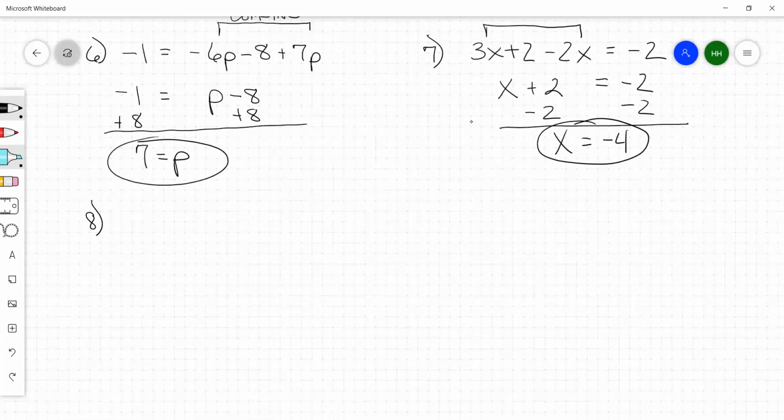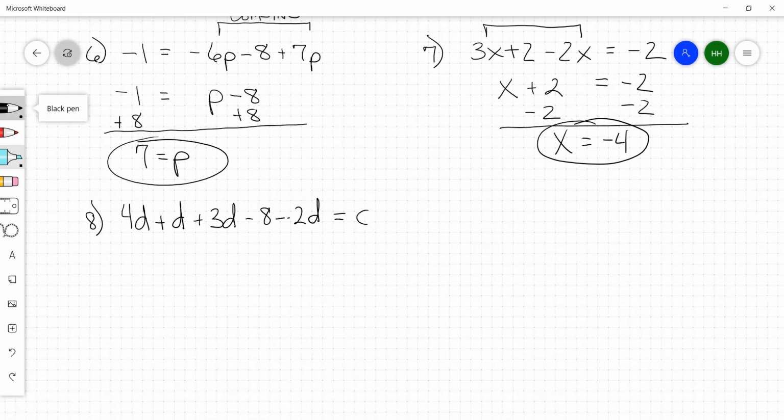Number 8, got a 4d plus d. Oh my lord, a lot of d's. 4d plus d plus 3d minus 8 minus 2d equals 0.